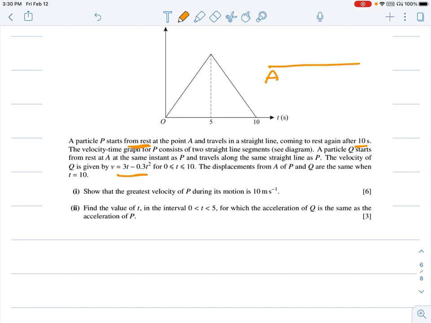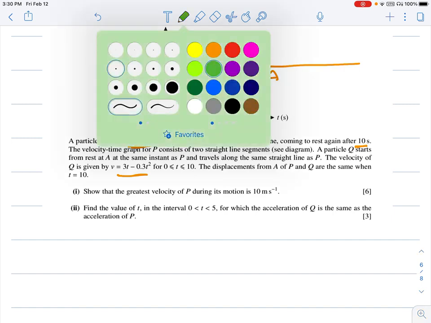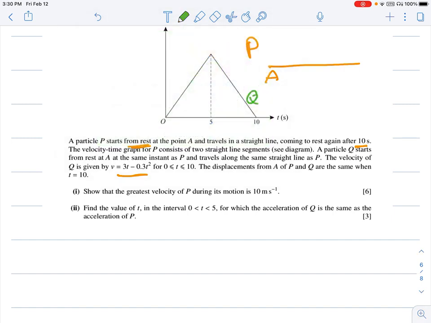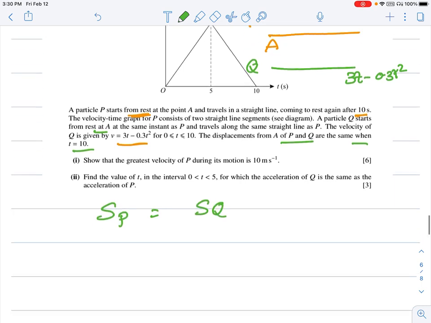This is for P. This is for Q. A particle Q starts from rest at A at the same instant as P and travels in the same straight line as P. The velocity of Q is given by 3t minus 0.3t squared. The displacements from A of P and Q are the same when t is equal to 10. So displacement of P should be equal to displacement of Q. That is the meaning of the question.